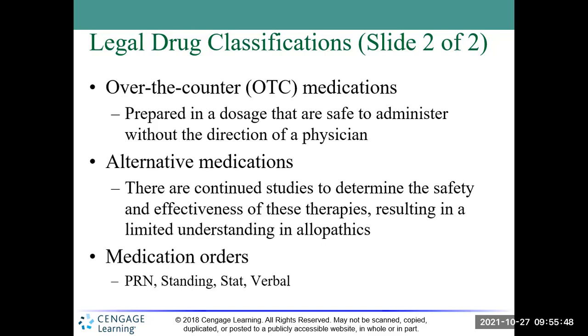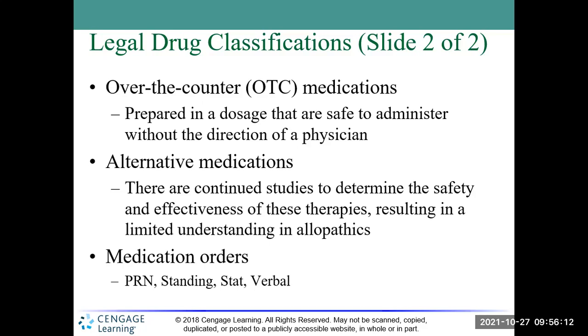And then alternative medications. These are medications or supplementation where continued studies are going on. It is limited compared to pharmaceutical medications, just because they have a lot of financial backing to provide more studies on those medications.